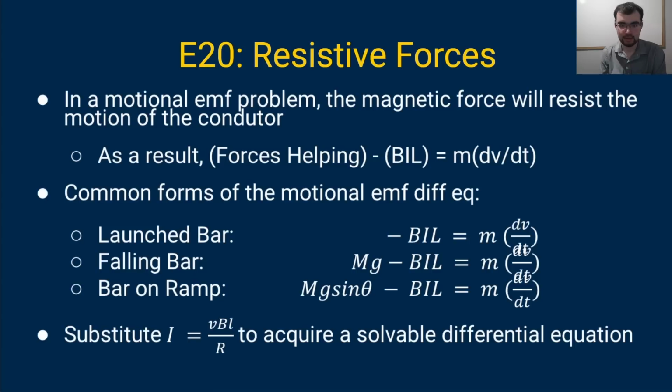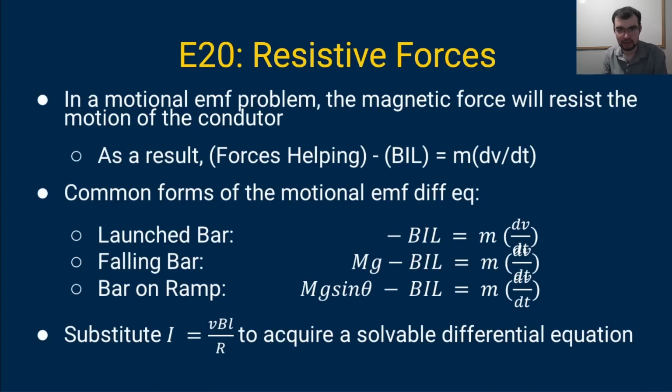And more on the railgun problem is this idea of resistive forces. Because of Lenz's law, we know that the flux change is going to be resisted. So as an object moves through a B field and changes its flux, that magnetic force is going to attempt to pull it or push it backwards to resist that flux change. There are some variants of this that allow you to set up a differential equation.